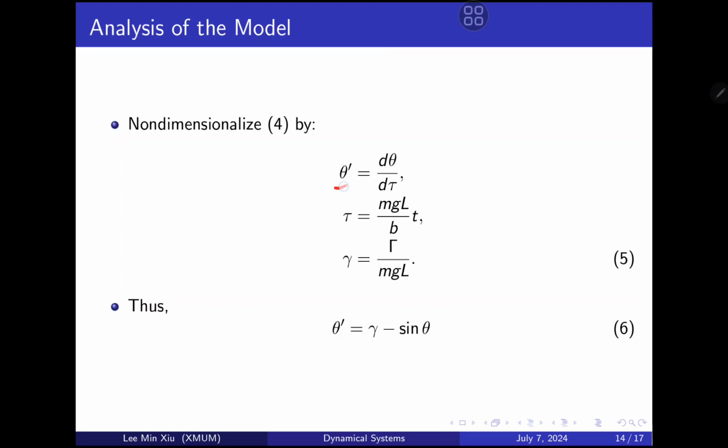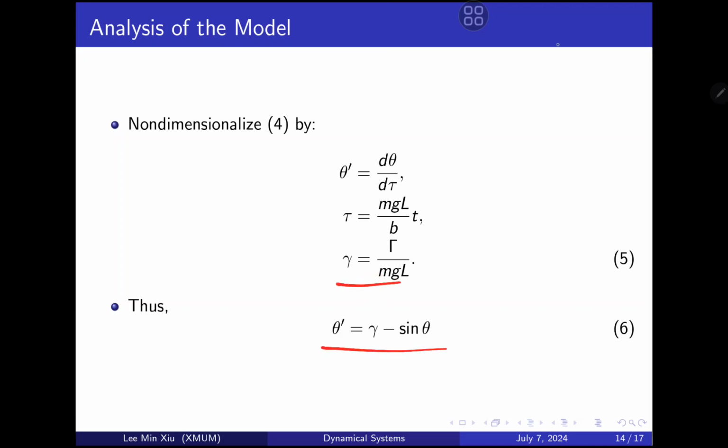Also note that here theta prime is written theta prime instead of theta dot, because we are basically scaling time differently in a sense, and therefore we are writing it like this instead.